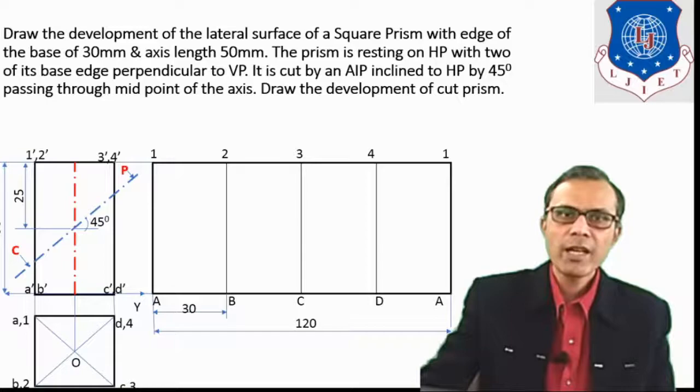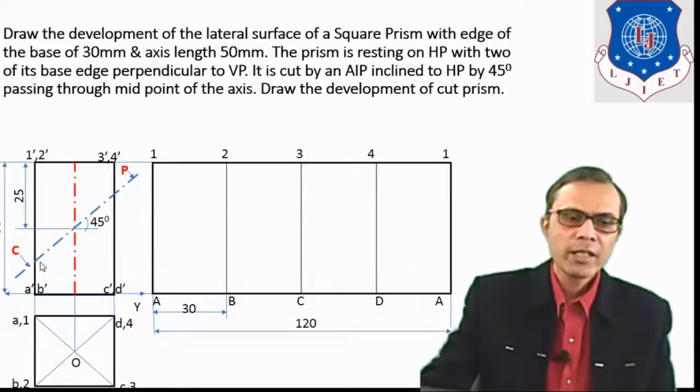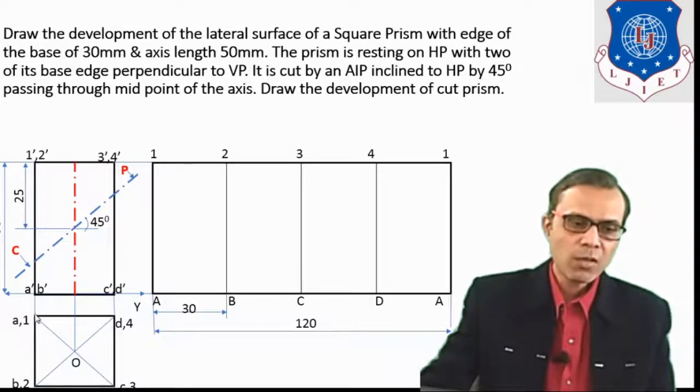Notation for cutting plane is CP, two capital letters with arrowheads. So these are the cutting plane positions, and now we have to locate the points at which this cutting plane cuts the given object. So here you can see this cutting plane cuts both of these longer edges A1 and B2. These edges are being cut by this cutting plane at this point.